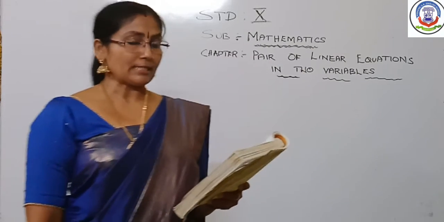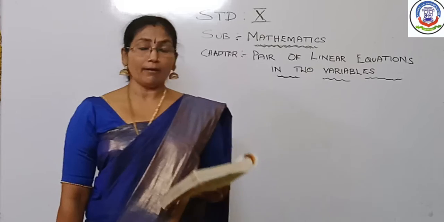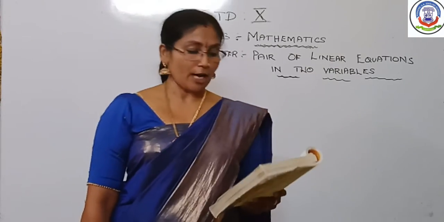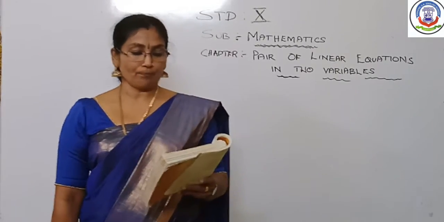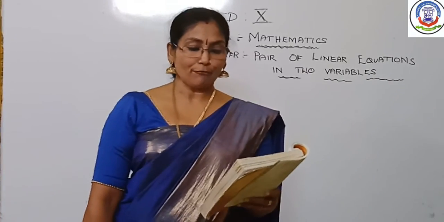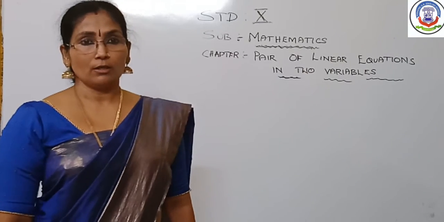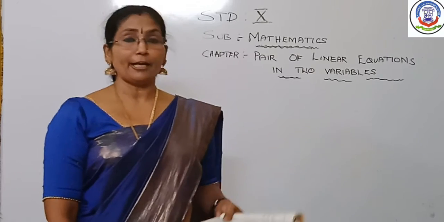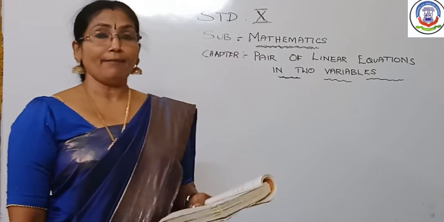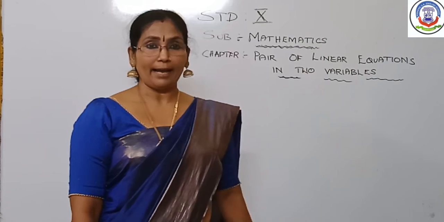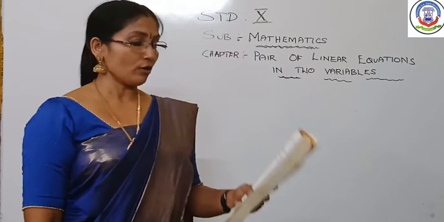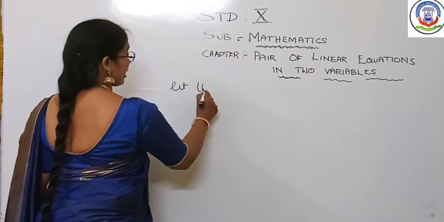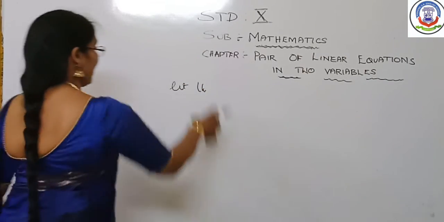Because in the fifth sum it is given that a lending library has fixed charges for the first 3 days and additional charges for each day thereafter. Sarita paid rupees 27 for a book kept for 7 days. Are you getting clear, children? She has taken one book from a lending library, and the charges are given as a fixed charge for the first 3 days.